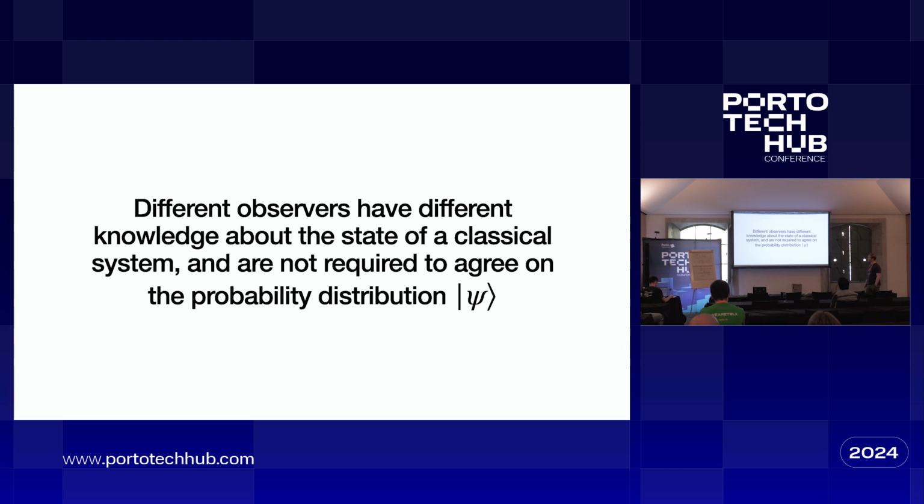Now, I'm going to finish off this section by saying that one of the things I perhaps didn't emphasize enough there is that different observers can have different knowledge about the state of a classical system, and they're not really required to agree on a probability distribution. Okay? If you've already peeked at the result of that coin toss, then your state vector for this coin toss experiment is going to be different to mine.